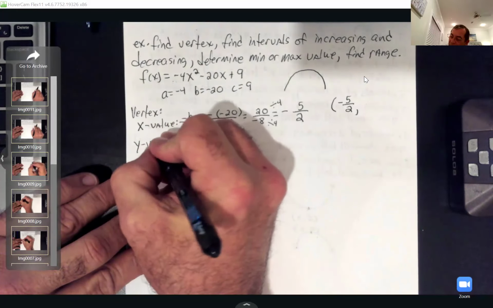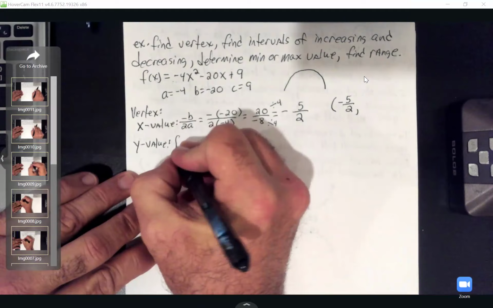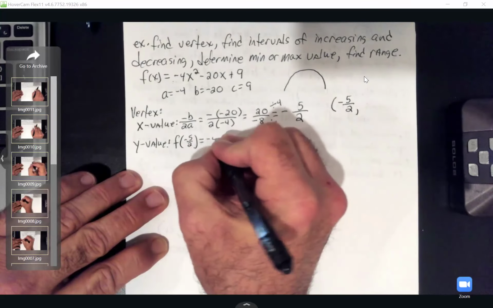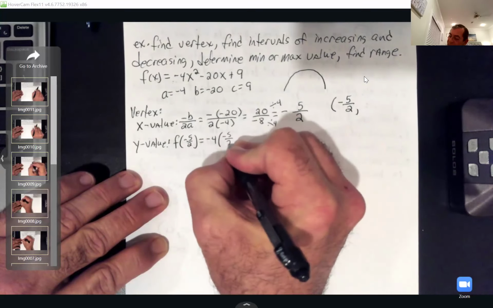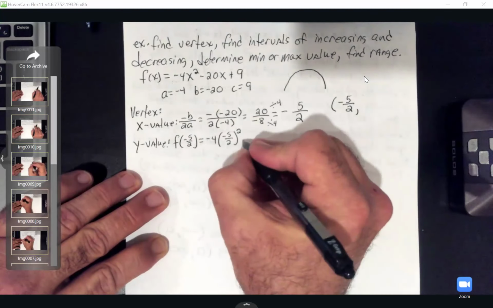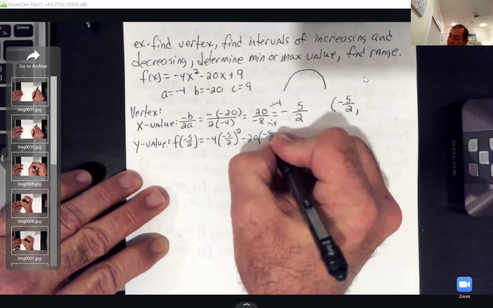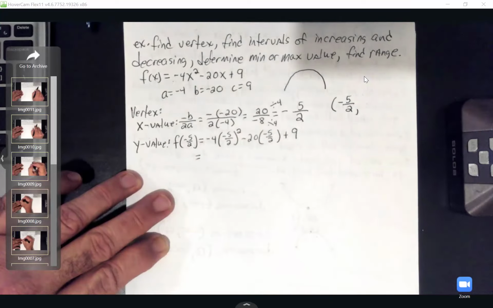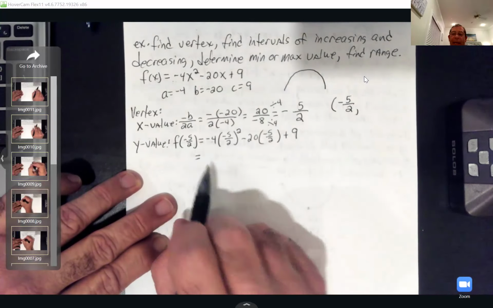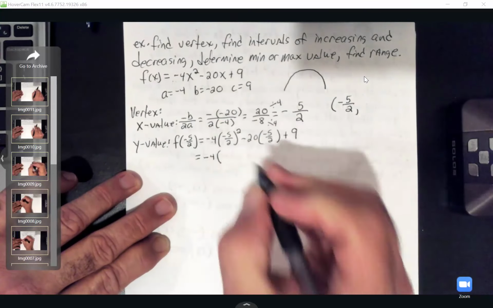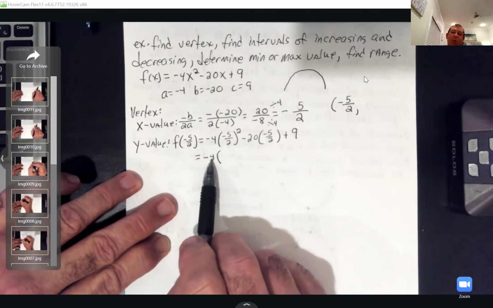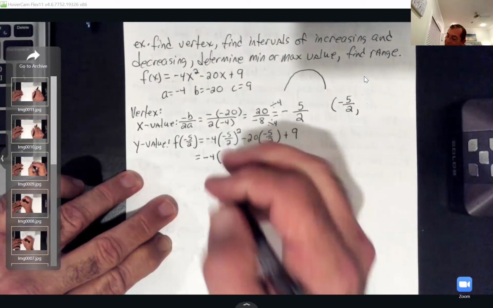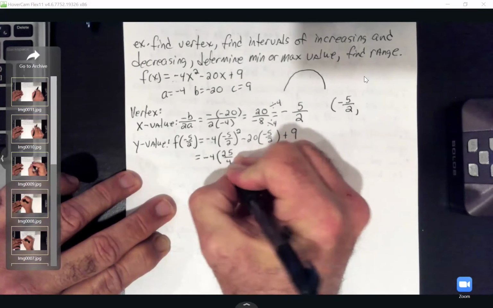Now I'm going to get the y value by finding f of that negative 5/2. So that'll be negative 4 times negative 5/2 squared minus 20 times negative 5/2 plus 9. So remember, I'm doing the exponent first, so I'm going to bring down the negative 4. Now remember, there's really 3 negatives here, so we know in the long run this thing will end up negative. So negative 5 times negative 5 gives you 25 over 4.